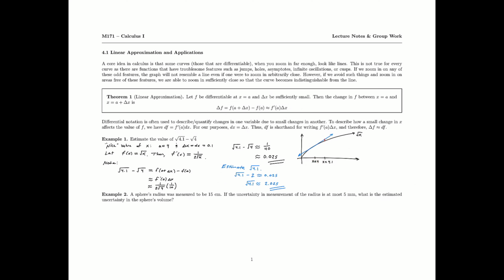So we basically take our function, we linearize it at the nice value, the one that's easy to take the square root of, and then we plug into our tangent line equation the uglier value, because it's always easier to do some sort of linear operation, 4.1, than it is to take the square root of 4.1. So yeah, that's essentially what's happening.